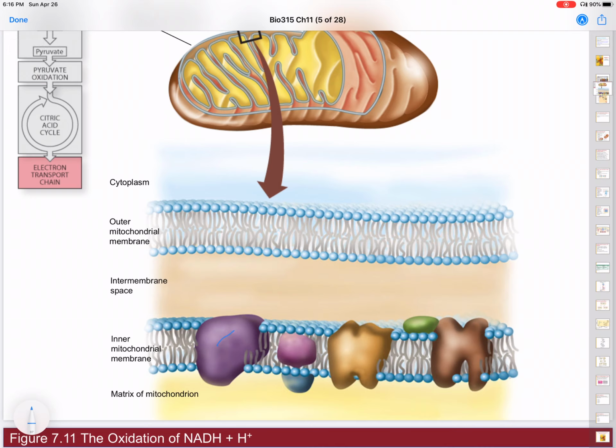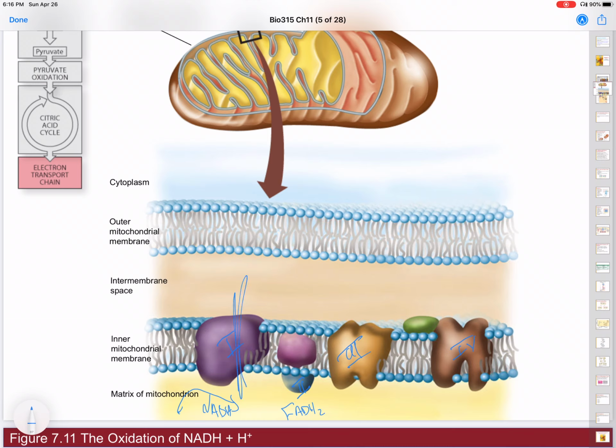This is complex 1. 2 is here, so 2 is not transmembrane. 3 and 4, and then the electrons will flow in via NADH in complex 1 and FADH2 in complex 2.